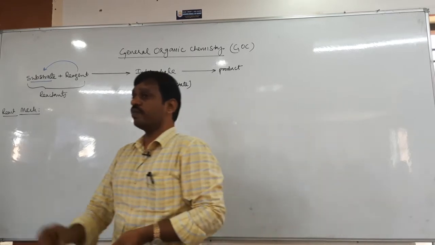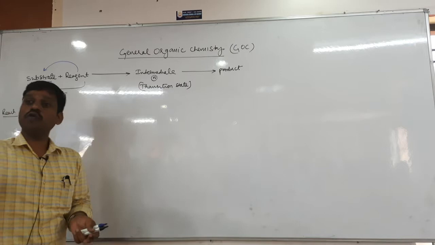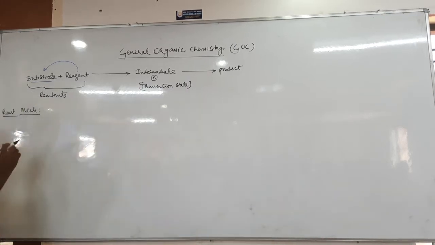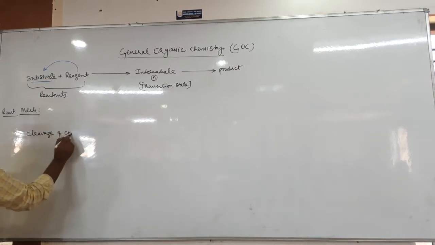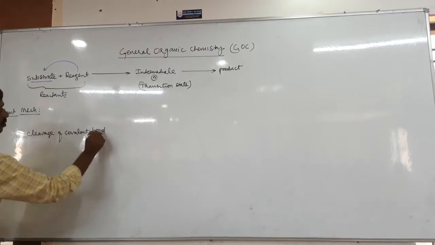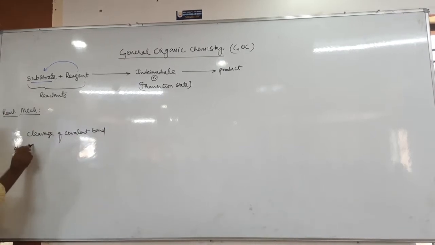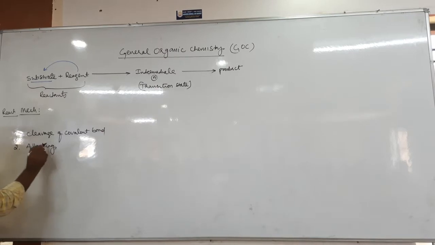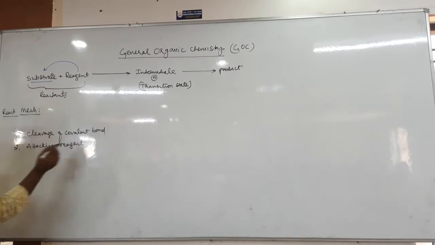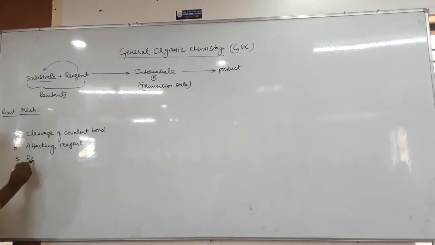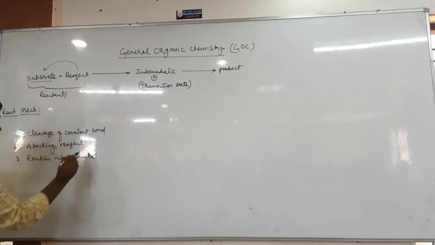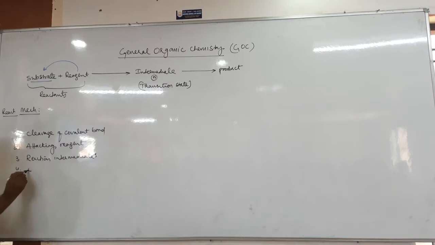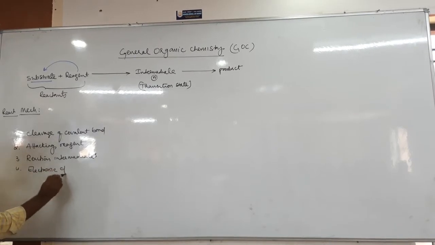To understand organic reaction mechanism, 4 concepts are established: 1, cleavage of covalent bond; 2, attacking reagent; 3, reaction intermediates; 4, electronic effects.